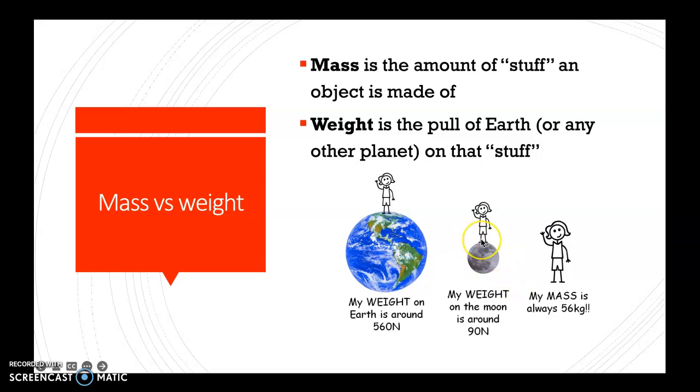But if you go to the moon, where gravity is less, your weight would actually go down to just 90 newtons. However, how much stuff makes you up will always stay the same, which is 56 kilograms. So we need to make this distinction between mass and weight. Mass is the actual stuff that makes up an object. Weight is the force of Earth pulling on that object.